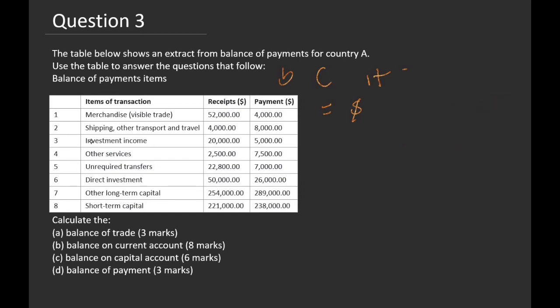Okay, let's look at C. Balance on capital account. To do this, let's go back to credit items.